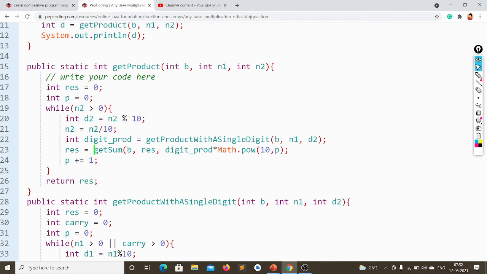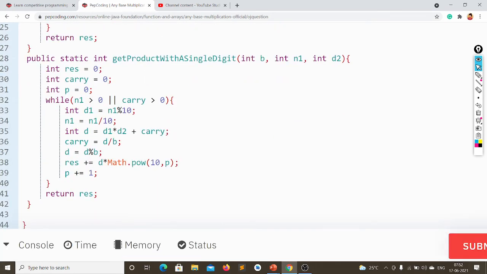Okay, now we have to write the get sum method. I already explained about the any base addition. So again, let's write the static int get sum.